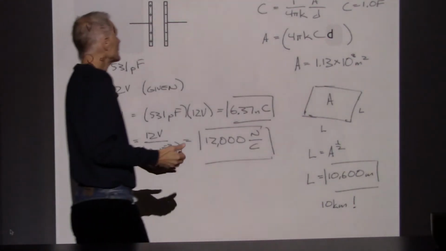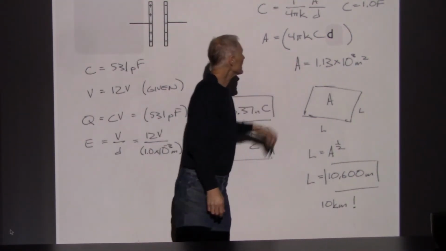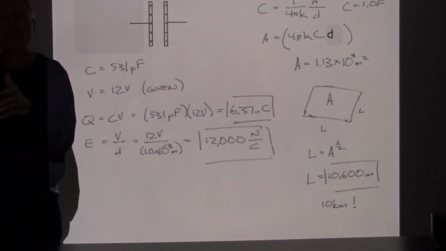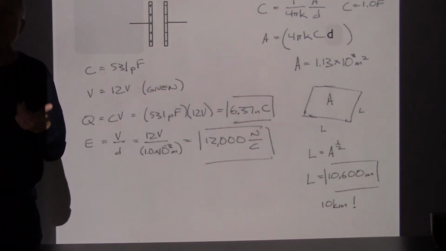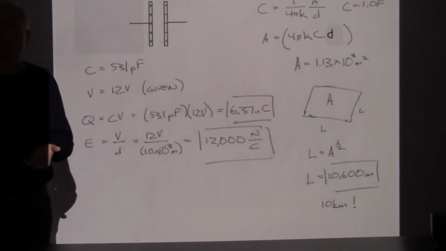Is that practical? And then the other item that's going to come up is that when we put the insulating material in between, the insulating material actually becomes polarized when we charge the capacitor, and that allows us to store even more charge. So it's kind of a bonus, right?